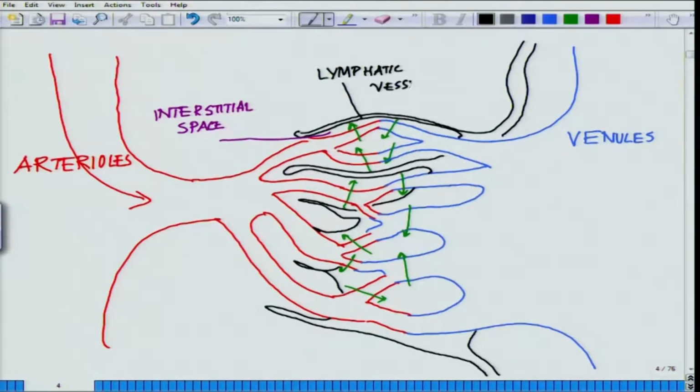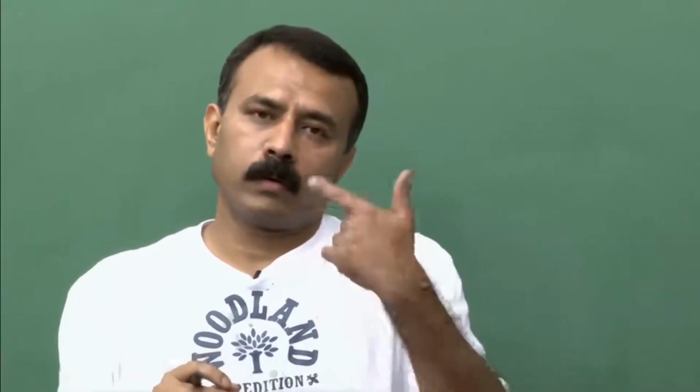Okay. So, whenever there is fluid coming out from the capillaries, it is reabsorbed by the lymphatic vessels, and this is how the body ensures that fluid does not get accumulated.